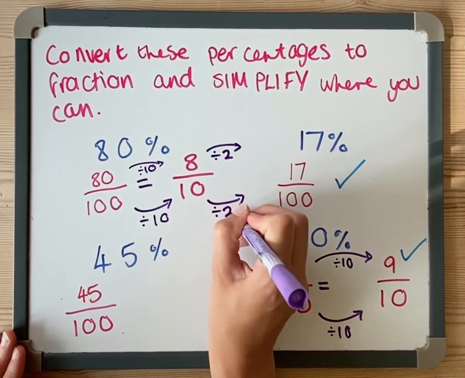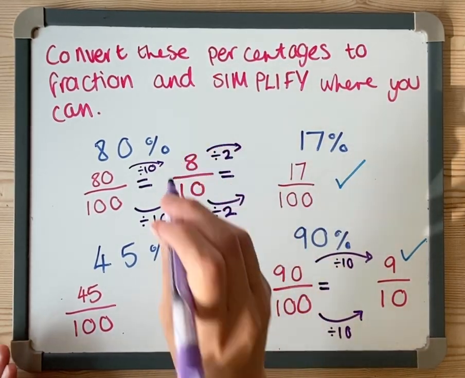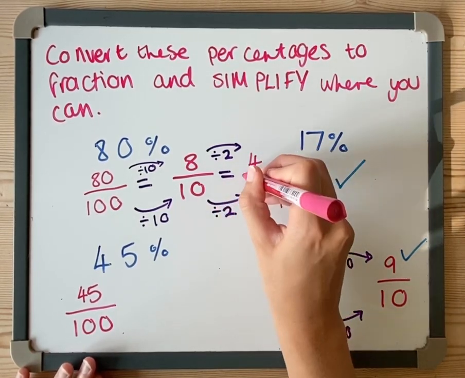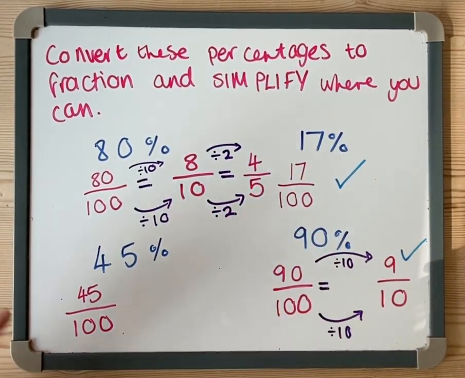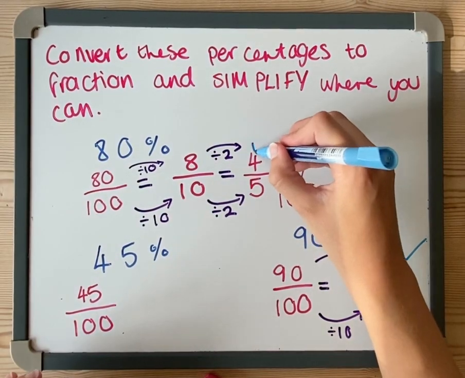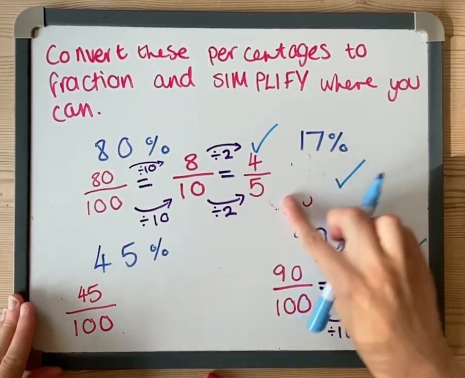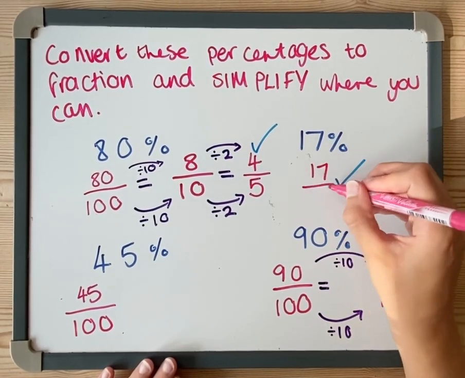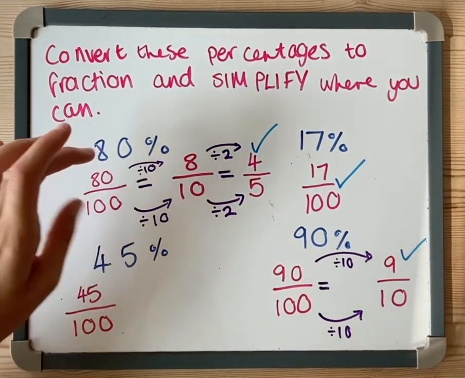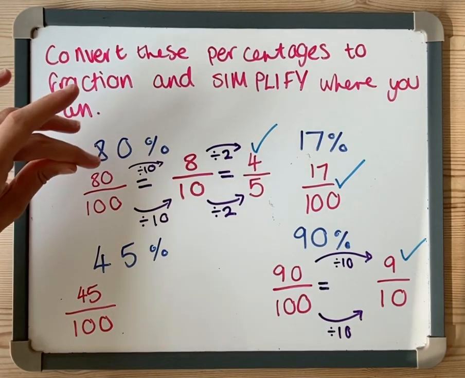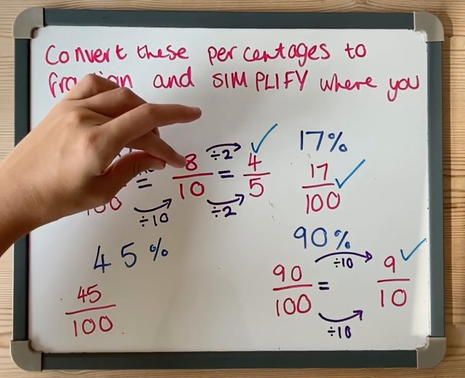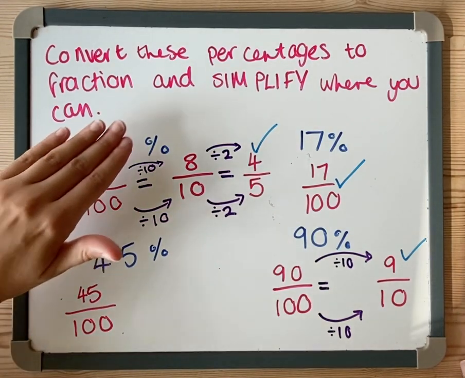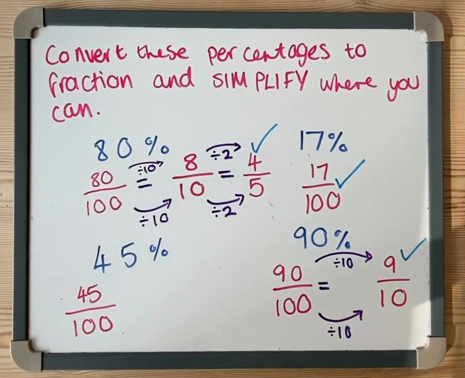So I'm going to divide them both by 2. So 8 divided by 2 is 4, and 10 divided by 2 is 5. So actually, I'm going to move that one over a little bit, just get out of the way. 80% is 80 over 100, or 80 out of 100, which is also 8 out of 10, which is also 4 out of 5, or 4/5. So 80% is 4/5 when it's fully simplified.